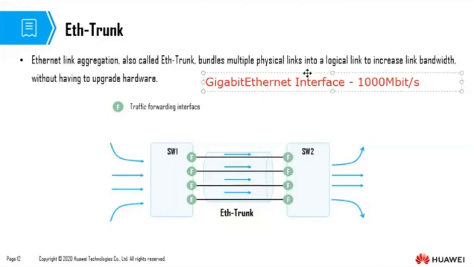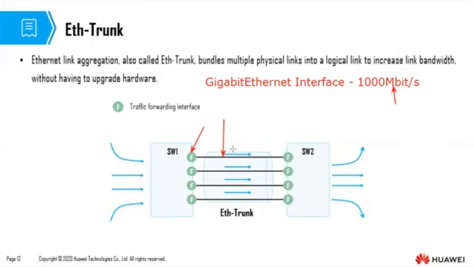Are we together? Anytime we mention that, we are not referring to the speed at which the link can carry data, but the speed at which the interface on the switch is able to process data. Have you been thinking that maybe this 1 gig is the speed of the link? It's actually the speed of the interface.